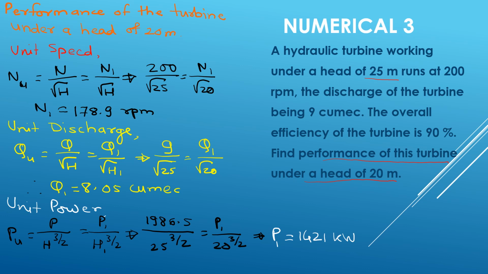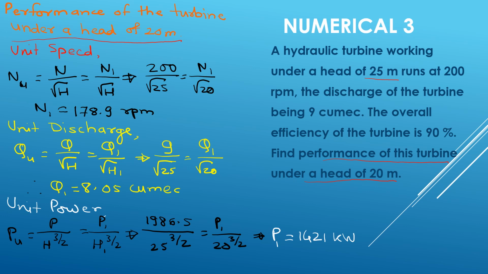So that means H is given as 25. We have to find out for H1 as 20 meters.